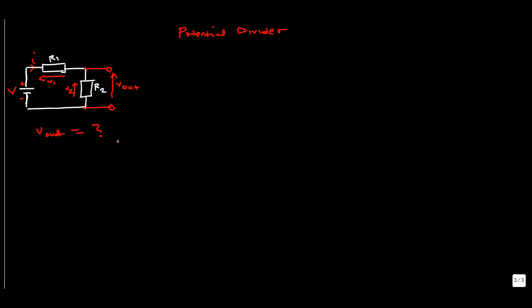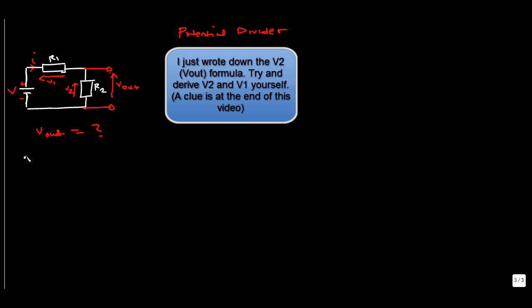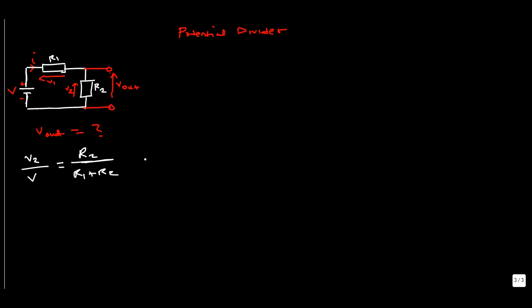What is V out? The potential divider formula is essentially V2 over your input voltage is equal to R2 over your total resistance, which is R1 plus R2. Now we're flirting with a branch of engineering called control, which aims to control the output behavior of a system using what I call feedback control.